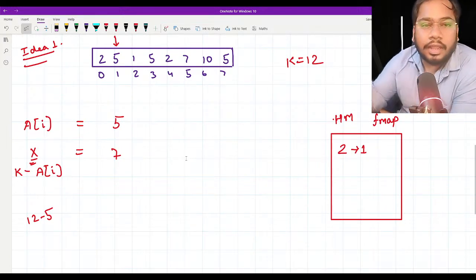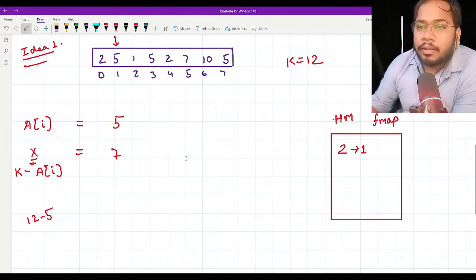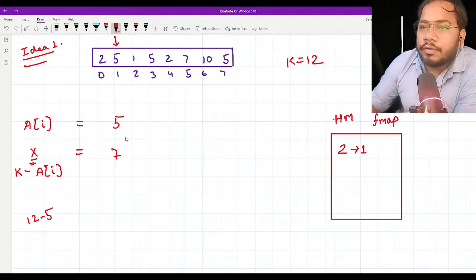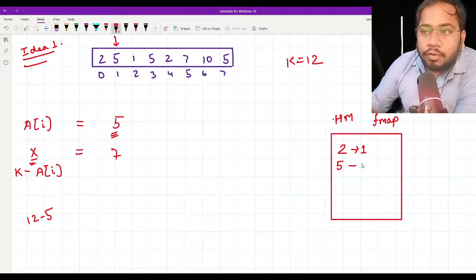Is there any 7 in the frequency map? No, there is no 7. So what we will do is put this value in the hash map and make the frequency 1, because it was not there.